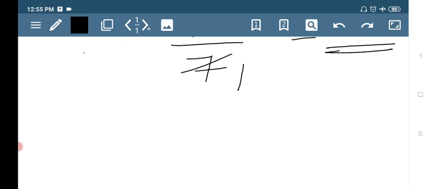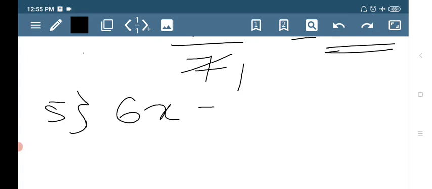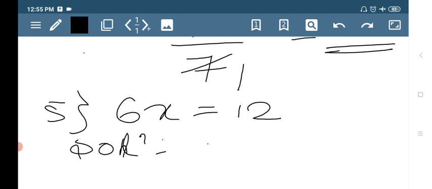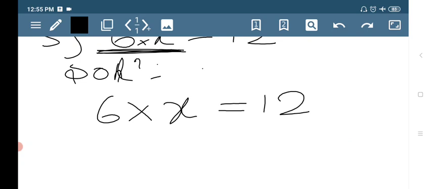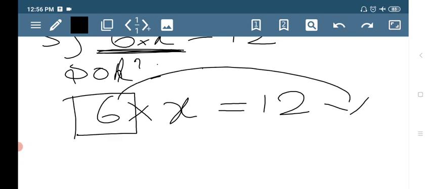So now the fifth question, 6x is equal to 12. So dear students, here you see that 6x is in multiplication, right? It is 6 into x is equal to 12. What did I say? When it is in multiplication, what happens when it goes to RHS?